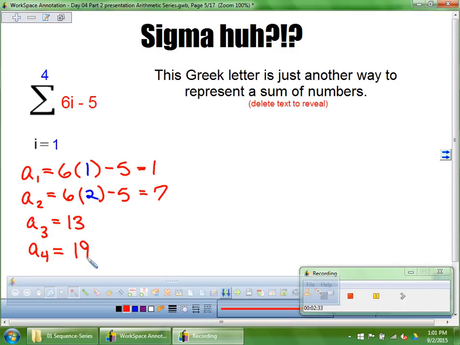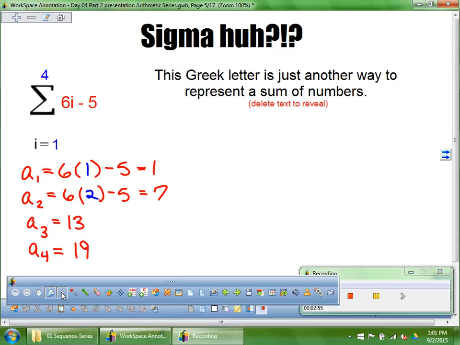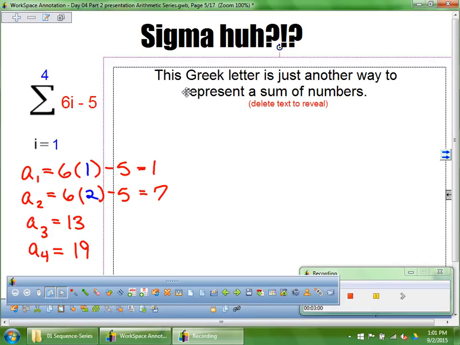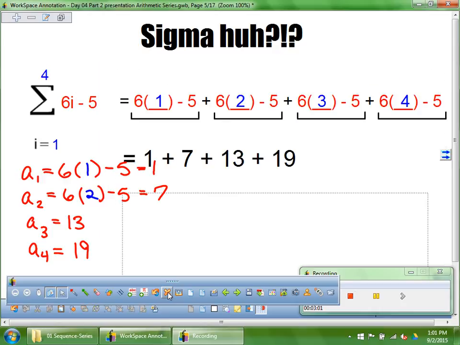Okay, so I'm going to show you this underneath here, but I want to show you how we got it. So let me erase this, or we'll leave it up for a second. I think it'll be okay. All right, do you see it? So this is the first term right here.